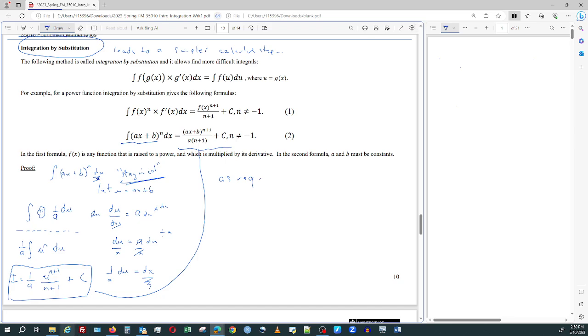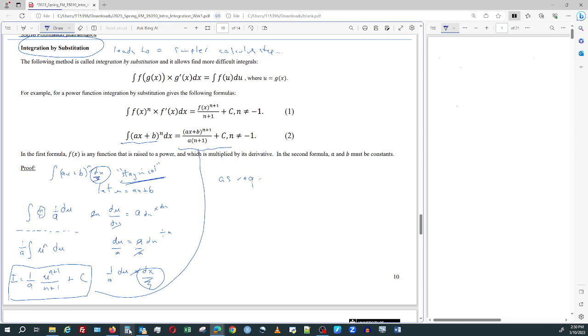Okay? Now, what you might notice is that for some integral function, we're looking for elements that we can substitute. Stay in the column. What are we substituting?